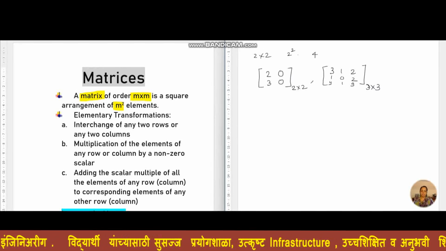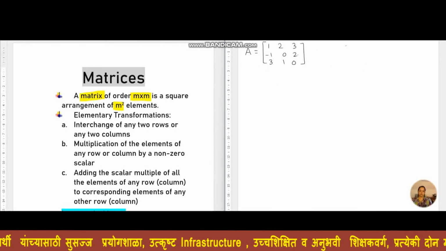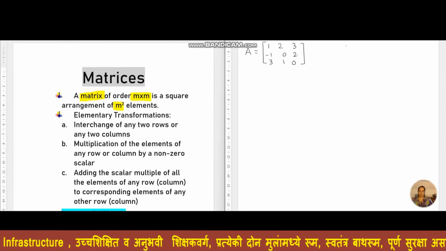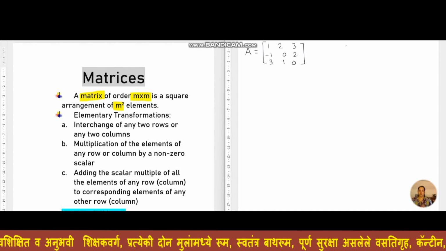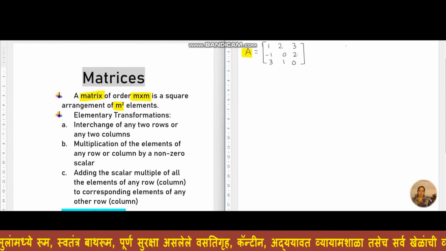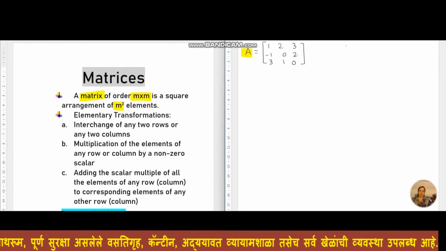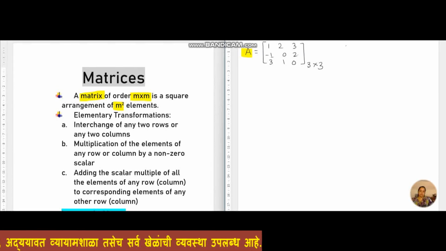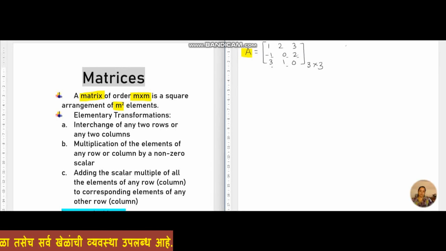These are called square matrices. Generally, we denote a matrix by using capital letters. Consider here matrix A is equal to this 3 by 3 matrix: 1, 2, 3; minus 1, 0, 2; 3, 1, 0. This is one 3 by 3 matrix.